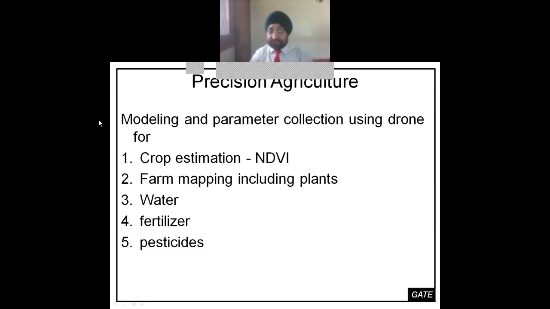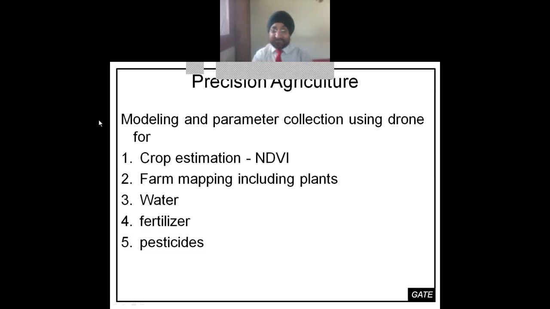So crop estimation we can do if we fly a drone over an agriculture field. We can check the NDVI, a parameter to check the health and estimation of the crop. Farm mapping includes plants; we can count the number of plants. You will be surprised to know we can even count the number of fruits with the drone.